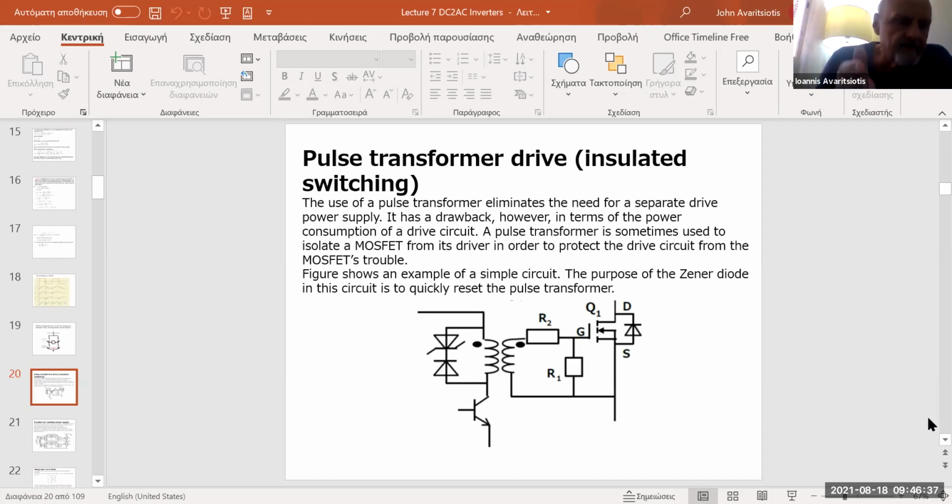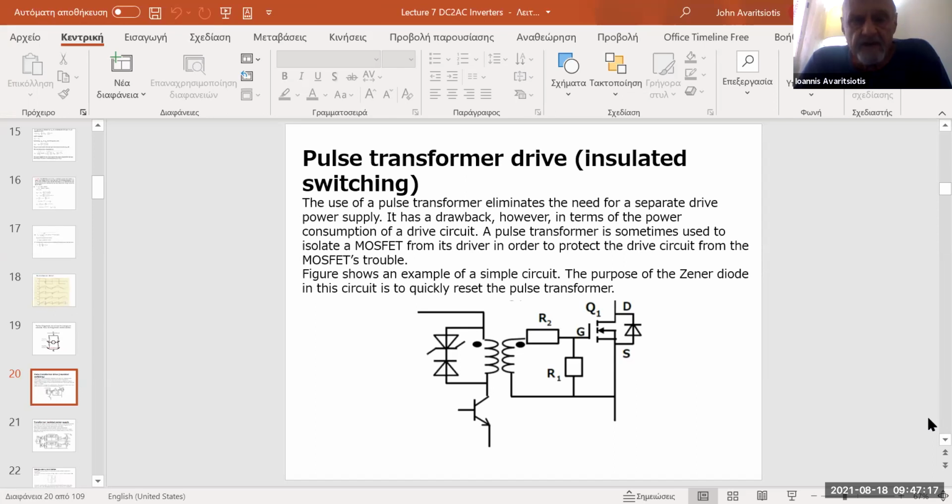In other words, to drive thyristors, to drive bipolar junction transistors, and to drive MOSFETs. So the use of a pulse transformer eliminates the need for a separate drive power supply. However, there is a drawback in terms of the power consumption of a drive circuit. We have some losses there, but this is unavoidable.